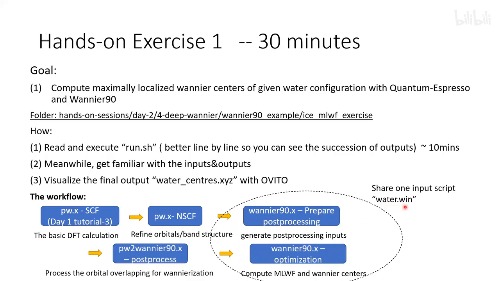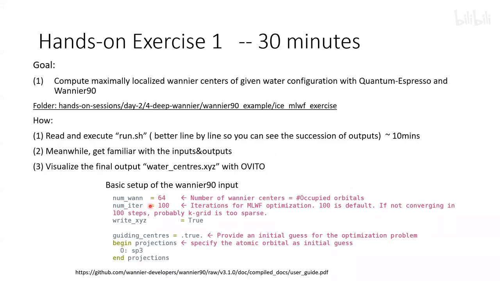These 5 steps look complicated, but it only requires a very small amount of work to build the input scripts. Specifically, the input of the Wannier90 code needs extra attention. Let's take a look. The headers of the input to Wannier90 are shown here. Most of the things are self-evident, except for the guiding centers. At the beginning, you need to specify the number of Wannier centers.